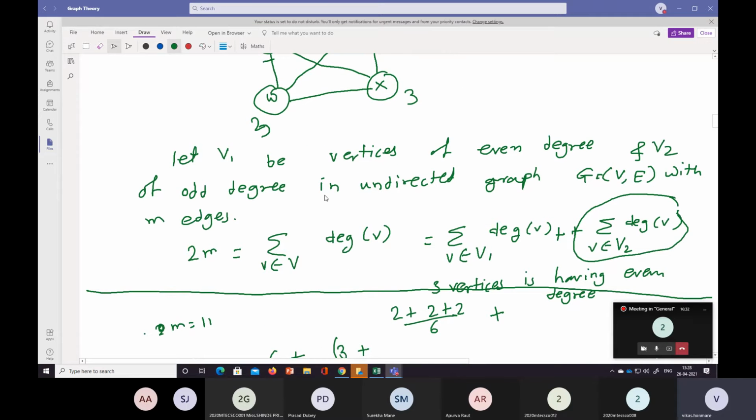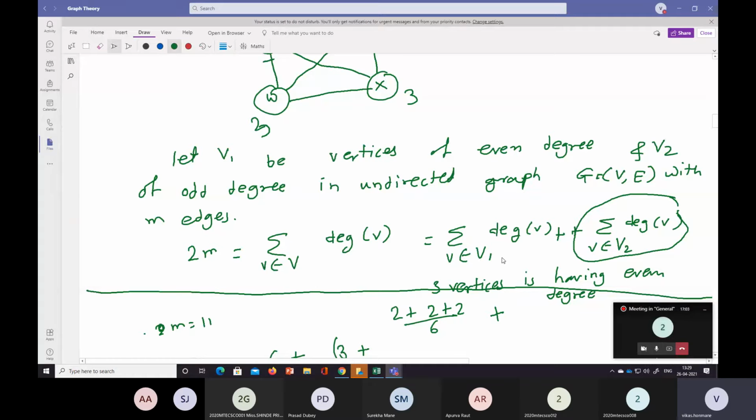And let v1 be the vertices of even degree and v2 of odd degree in undirected graph G(V, E) with m edges, then 2m is equal to summation v belongs to V degree v. So this is the previous theorem, and it is summation v belongs to v1 degree of v plus summation of v belongs to v2 degree v.